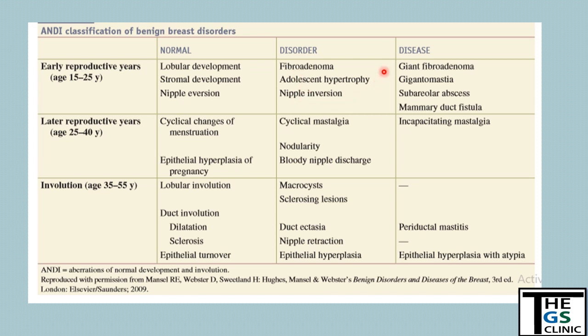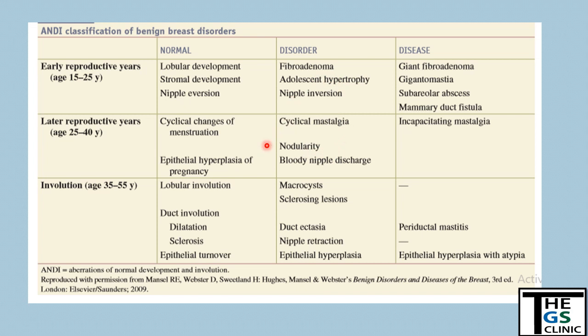But if there is no malignancy or infection, it might be considered a disorder. Diseases of the breast in this group are giant fibroadenoma, gigantomastia, subareolar abscess, and mammary duct fistula. All these diseases need treatment and might happen in this age group.